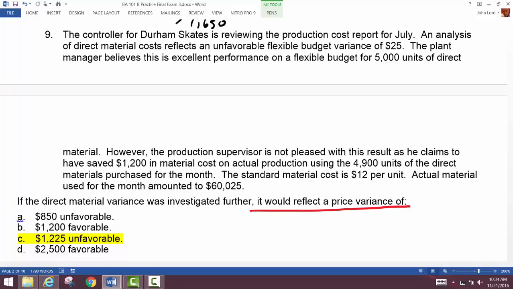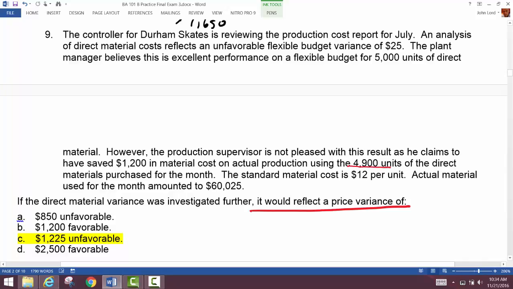The plant manager believes this is excellent performance on a flexible budget of 5,000 units of direct material. So he's saying, hey, for 5,000 units, that's pretty good that we used up this material. However, the production supervisor is not pleased with the result, as he claims they have saved $1,200 on material costs on the actual production budget of 4,900 units.